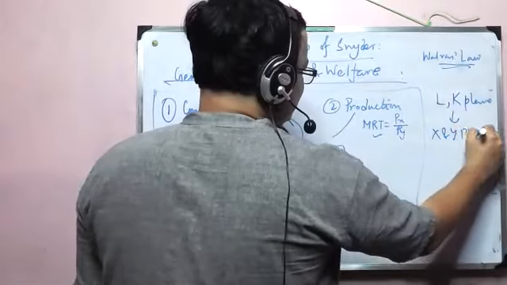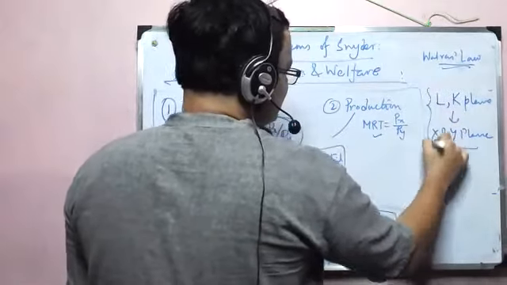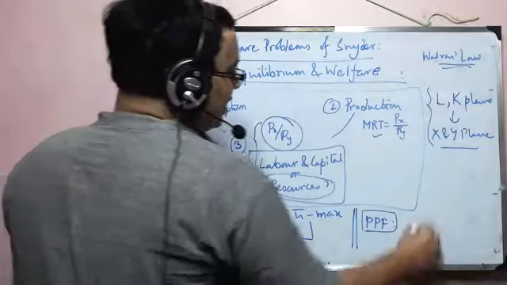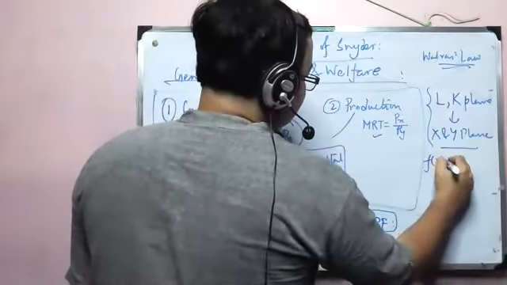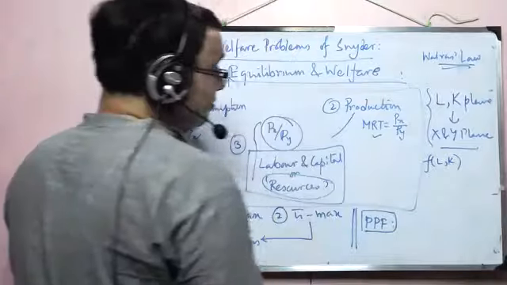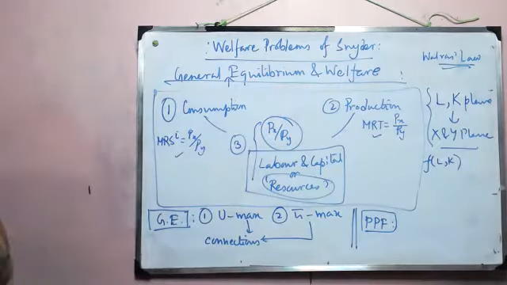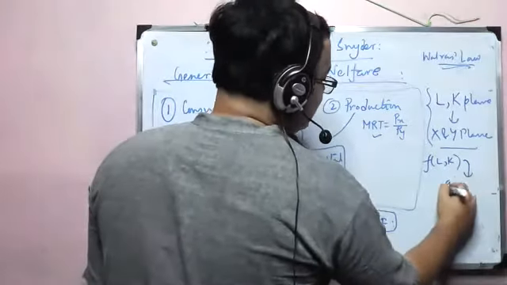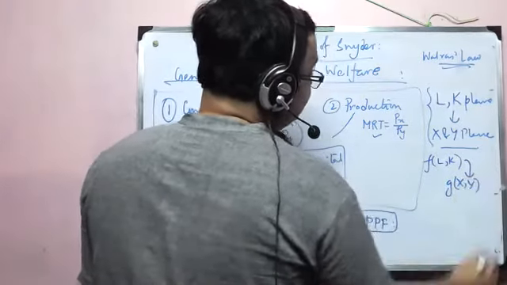So that's what our objective is. And that's our job. So what I'm saying is I had a function which involves L and K, or I had a lot of functions which had L and K. And then I'm moving to some function which had g of x comma y.